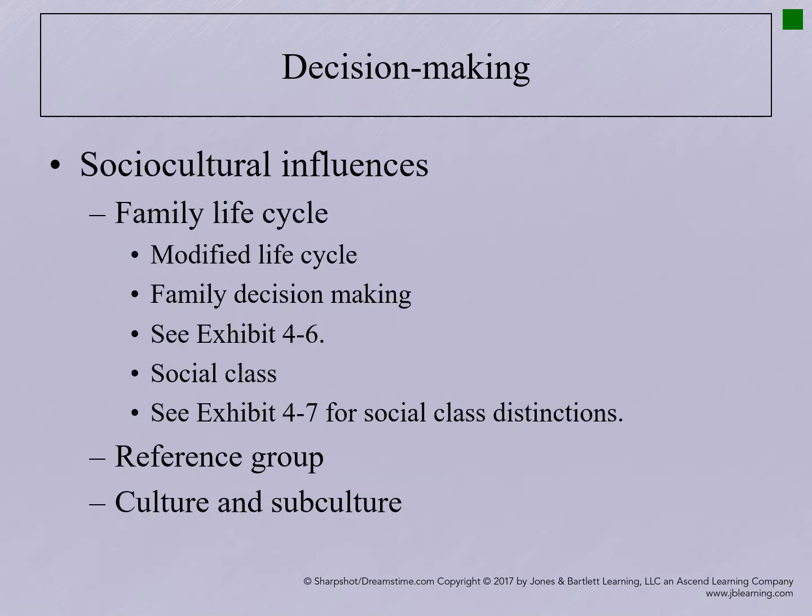There are also a lot of socio-cultural factors that come into play. Your family, and there's a lot of information in the text about the family life cycle, your reference group, our culture, and our subculture have big impacts on this. For example, let's take something like, do you get colonoscopies or not?